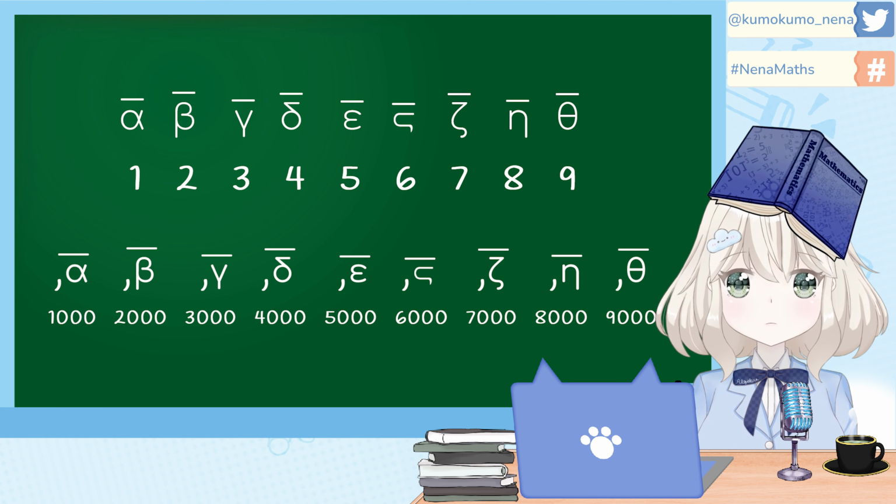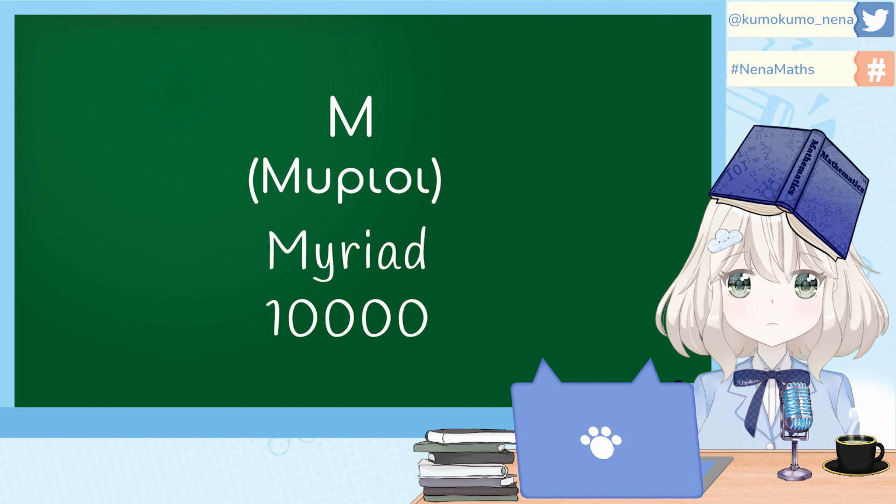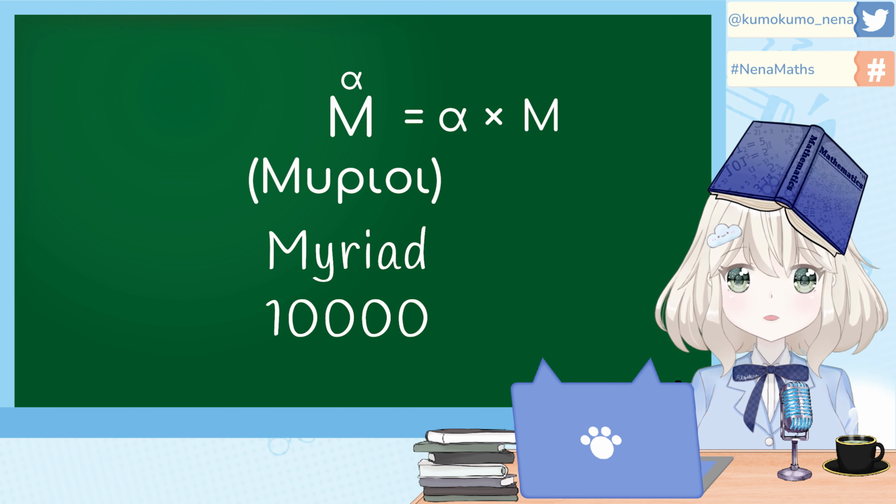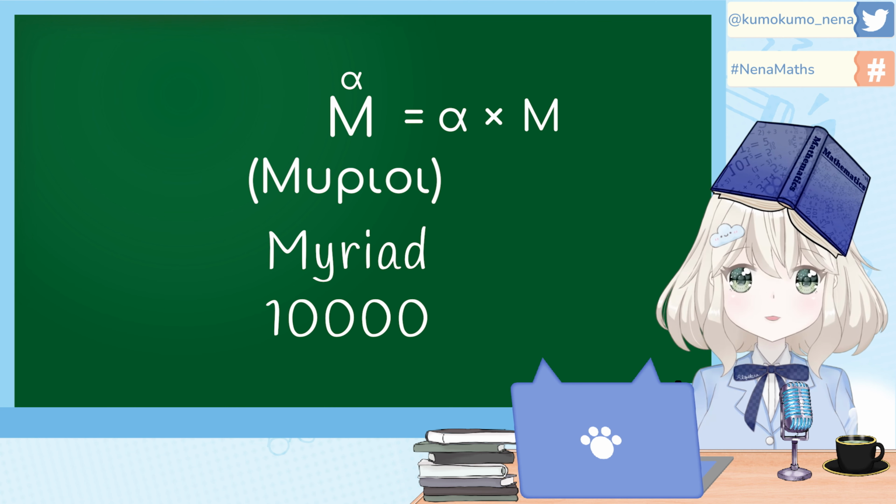When the Greeks needed to represent the value of 10,000, which was known as a myriad, they used a special symbol consisting of the letter M, the first letter of myriad, with a small numeral written above it. The value of this symbol was the product of the small numeral and 10,000.